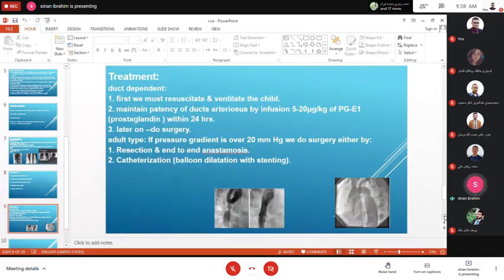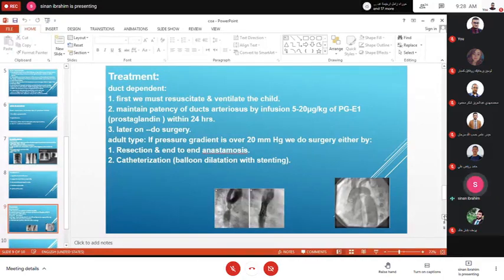What is the treatment of this patient? Usually the ductal dependent patient, as we say, will develop circulatory collapse, especially after the closure of the PDA.